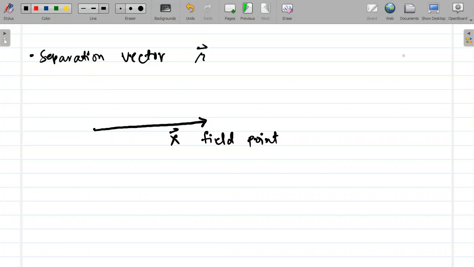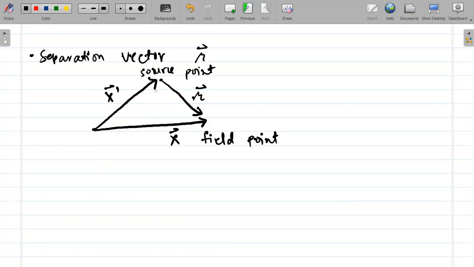Tapos, let's say meron tayong isa pang vector dito. Let's call that x prime. This is our source point. Now, class, let's call this vector from the source to the field point script R. Ito yung separation vector natin.